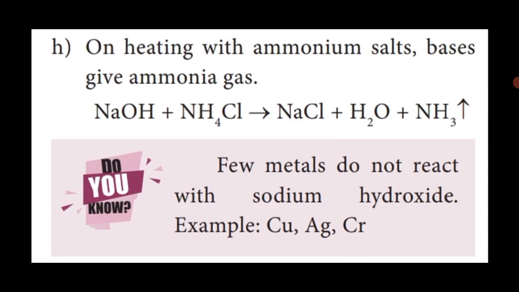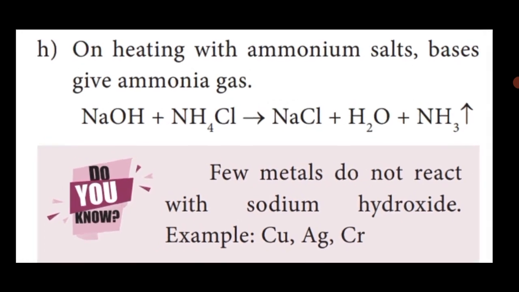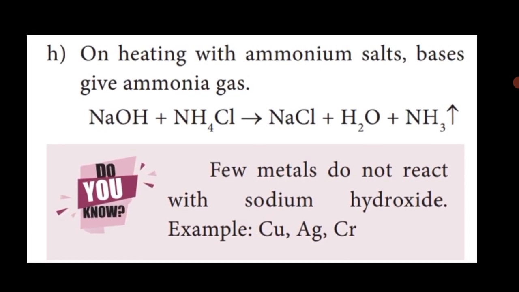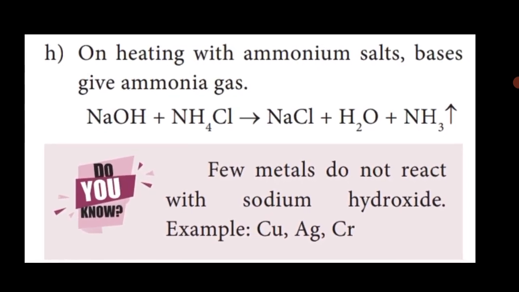So base NaOH reacts with NH4Cl to give NaCl and water and ammonia, formula NH3. So a base reacting with ammonium salt gives what gas? Ammonia gas. These are the chemical properties of bases.